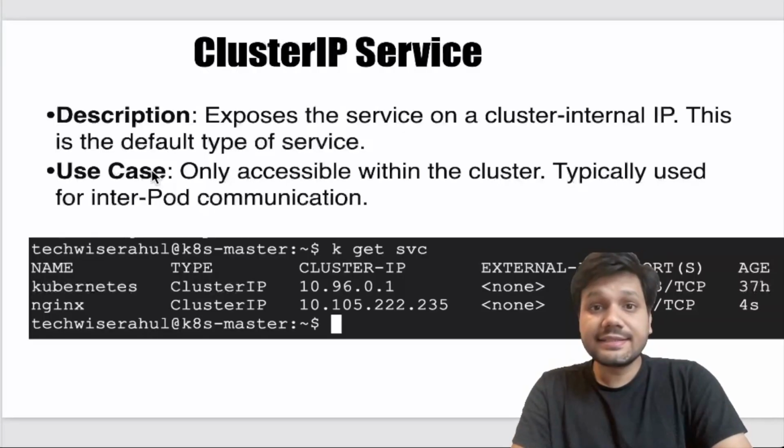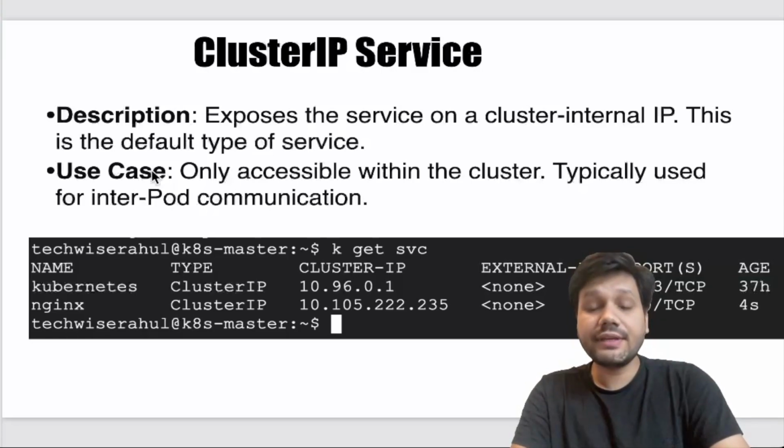Now let's discuss ClusterIP as a service. As we have discussed, if we have a requirement where a containerized pod or application running inside our Kubernetes cluster needs internal communication with another pod running in the same Kubernetes cluster, we can use ClusterIP as a service.